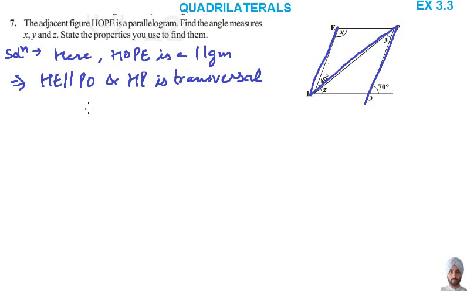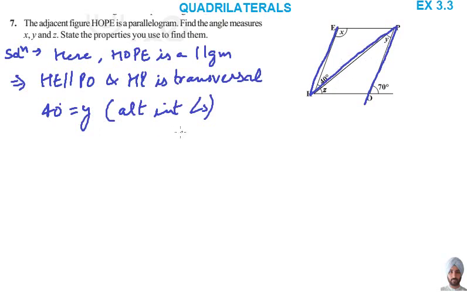That means I can write that EHP or 40 degree is equal to y, for the reason being alternate interior angles. So we have y now. Now we need to find x and z.